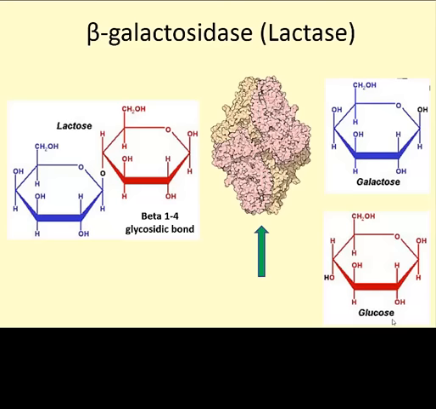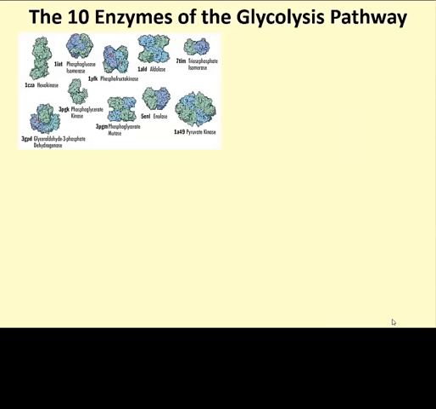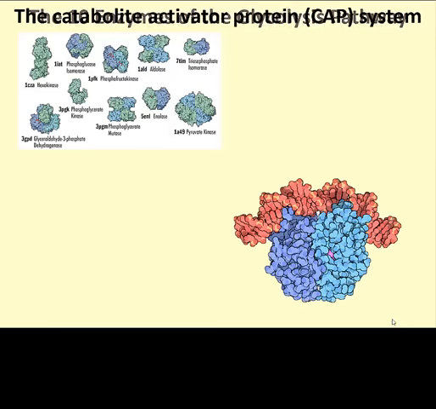Essentially, if glucose is available, bacteria utilize it first before resorting to other energy sources. The 10 genes for the glycolysis pathway, which are shown here, are always expressed and present in the cell. When E. coli detects the presence of glucose, it executes a decision using a protein called catabolite activator protein, or CAP.